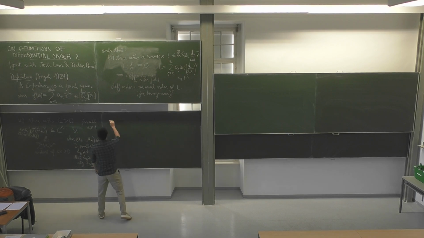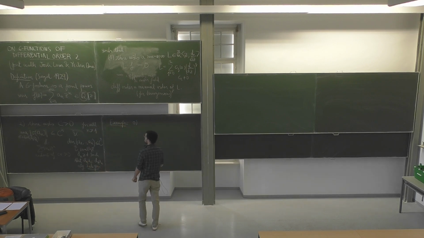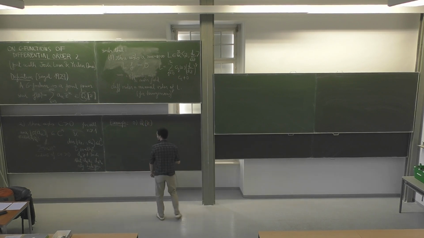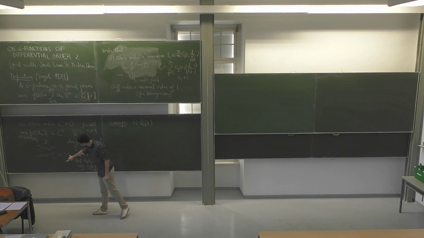Okay, so let me give you some examples. The trivial example is polynomials with algebraic coefficients. And if we get rid of this example, here the condition is that the radius of convergence is strictly positive.